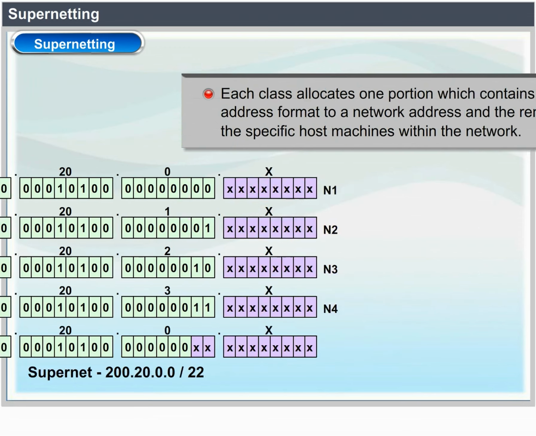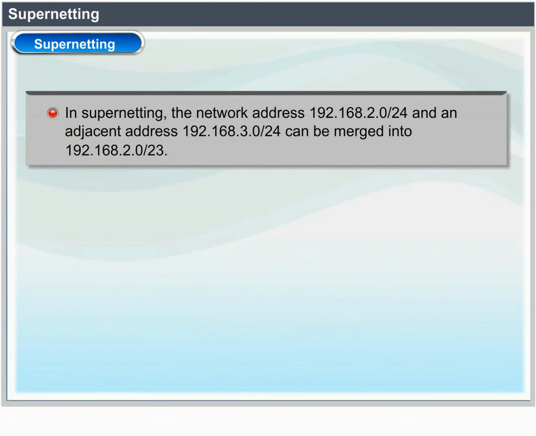Using supernetting, the network address 192.168.2.0/24 and an adjacent address 192.168.3.0/24 can be merged into 192.168.2.0/23.